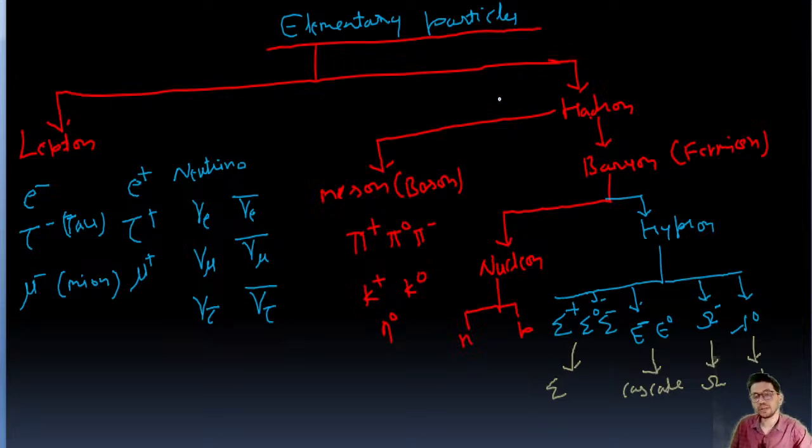If you know this chart, you can easily solve further questions. Okay, and particle physics is going to be very easy for you then. So these are hyperons, guys. Okay, cascade, sigma, omega, lambda. This is lambda 0, omega minus, cascade E minus, E 0.